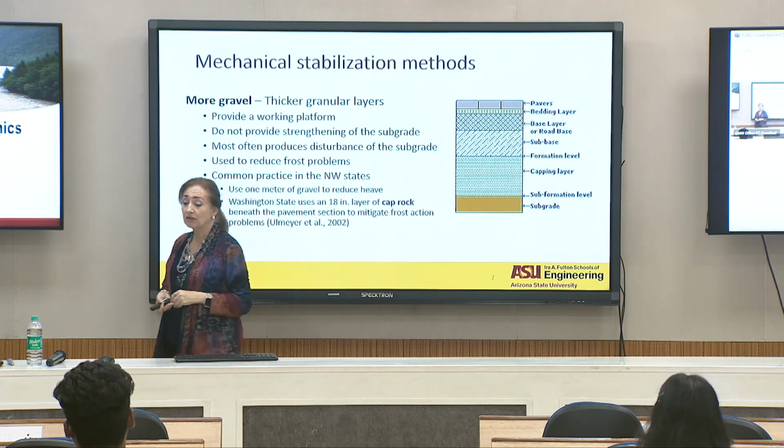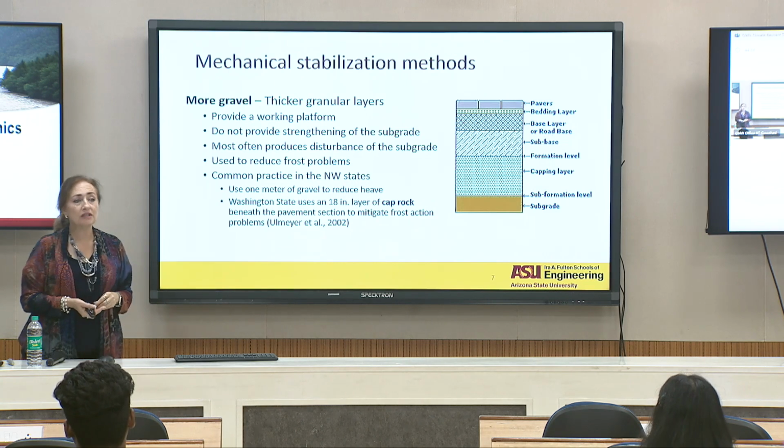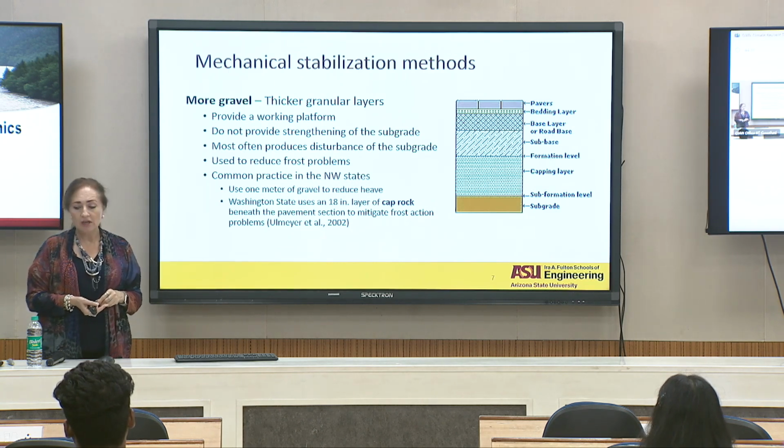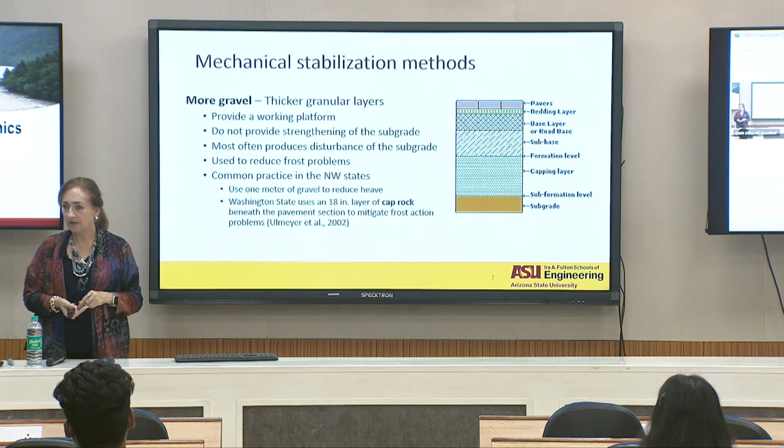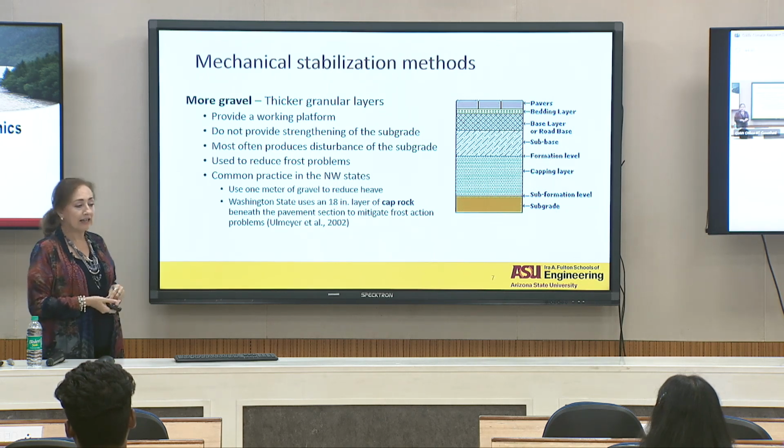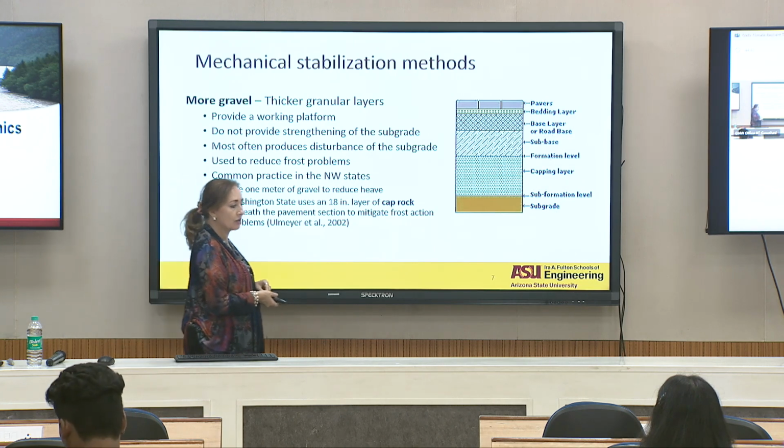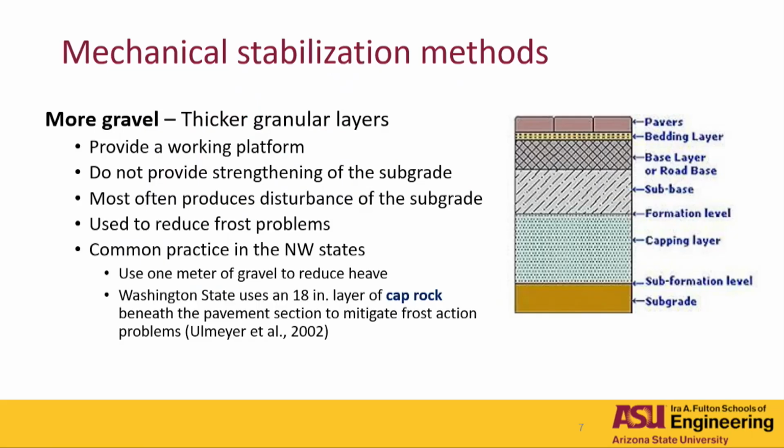For example, in Washington State it's very common to put 18 inches of cap rock beneath the pavement section to mitigate the frost action problems they have.